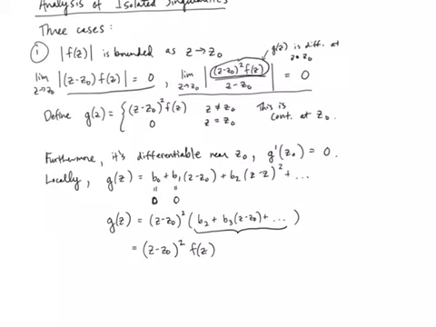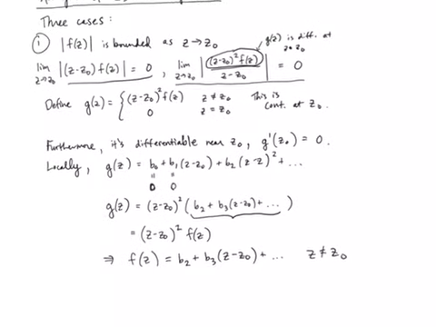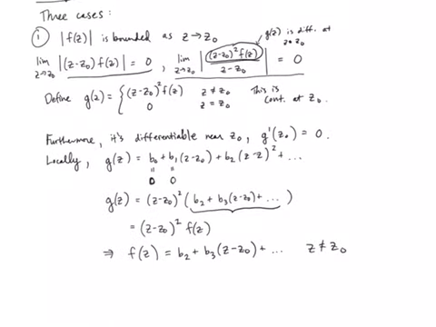So this tells us that we must have f of z equaling this power series when z is not equal to z naught. But this power series is valid at z equals z naught.